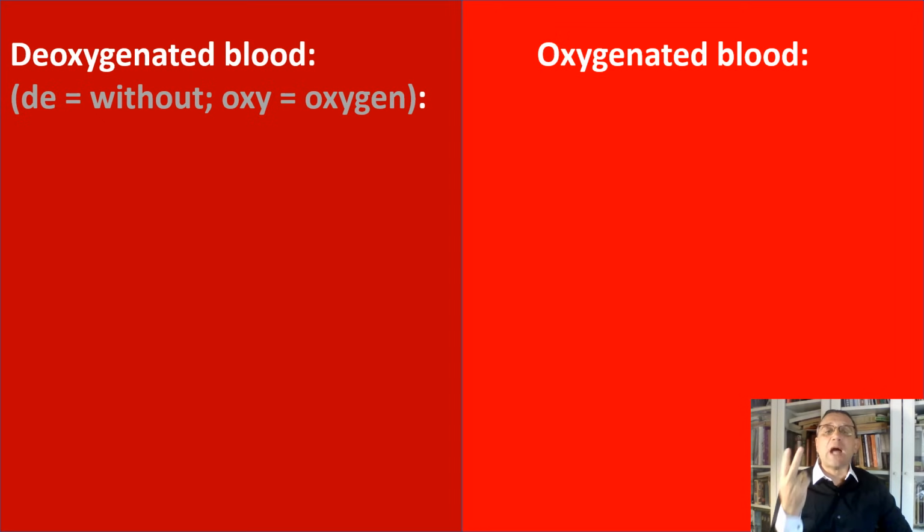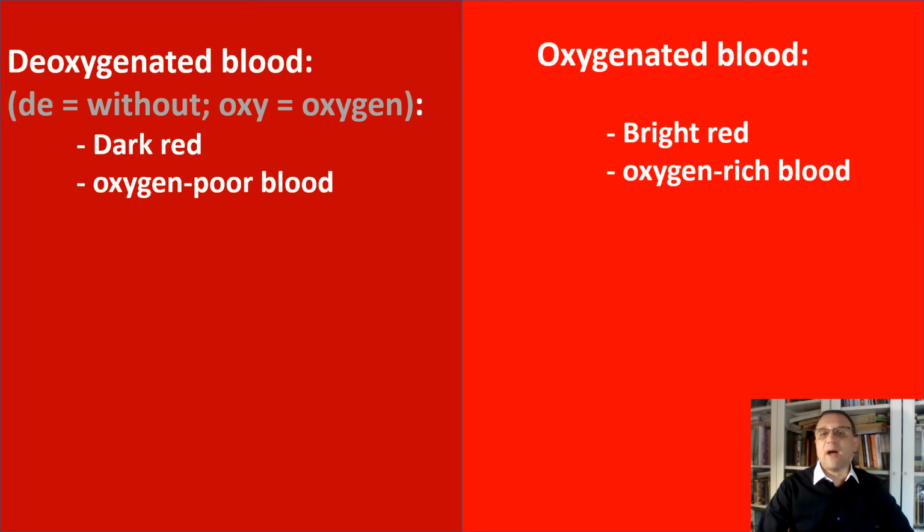So there are two types of blood in your body: oxygenated and deoxygenated. The names of the two types of blood are self-explanatory. Oxygenated blood is oxygen-rich blood, and deoxygenated is oxygen-poor blood.